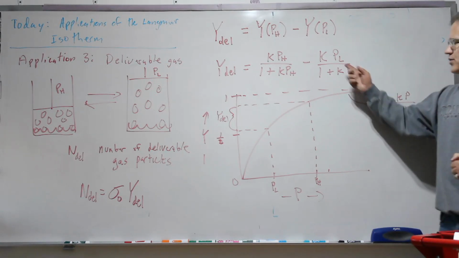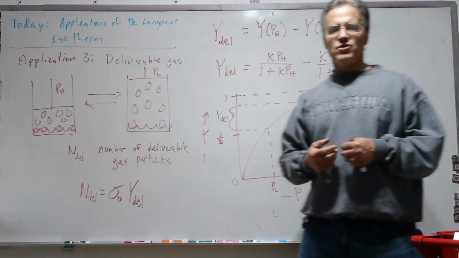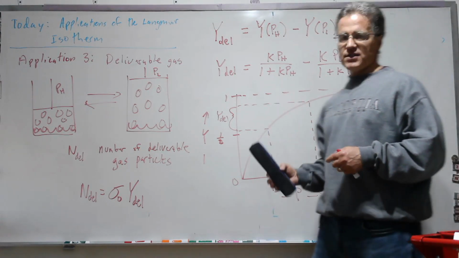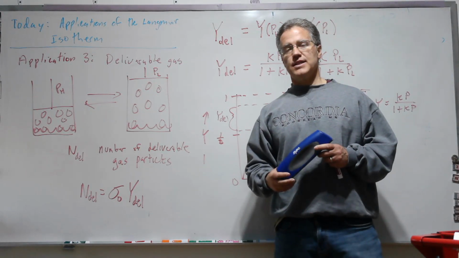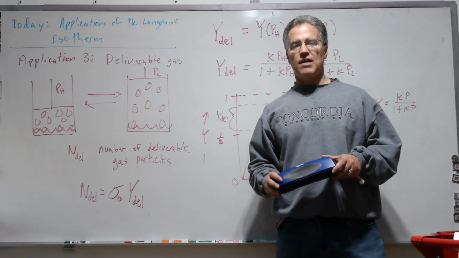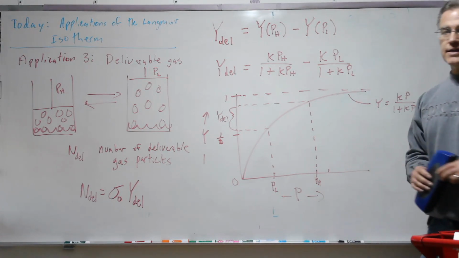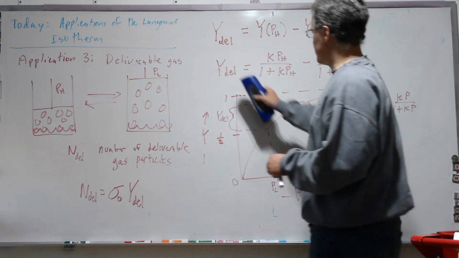Okay, so the important question is what is the optimal K for this? So let's see if we can figure that out. If we're looking for an optimal K, then it's a calculus problem, and we take the derivative, set it equal to 0, and find a maximum Y del.